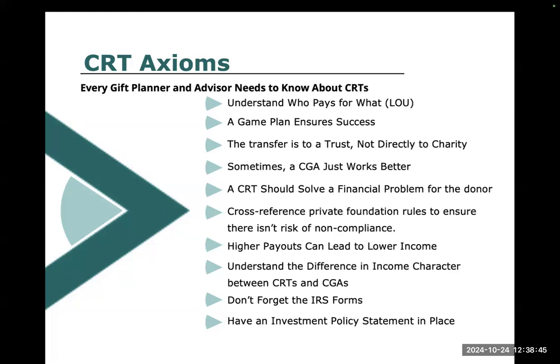A CRT should solve a financial problem for the donor. If you can't see where the problem is being solved, then maybe the CRT is not the right solution. What are some problems? One problem could be that you have a donor who has an overconcentration of Apple stock, like Mrs. Smith, and it's now 50% of her net worth. And she wants to divest, but she doesn't want to pay taxes. That's solving a problem.